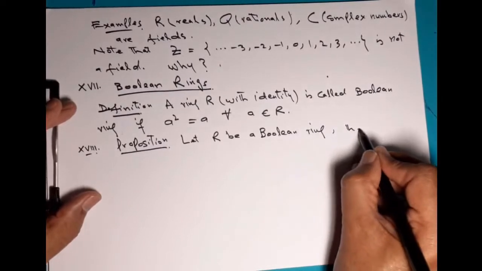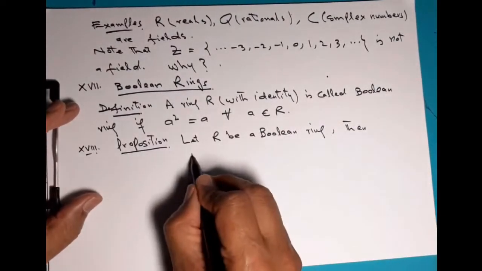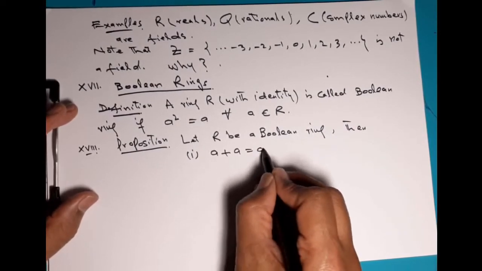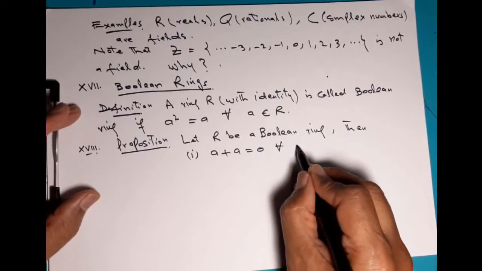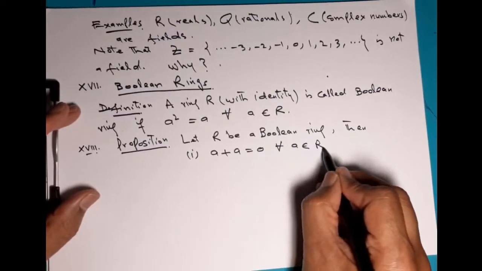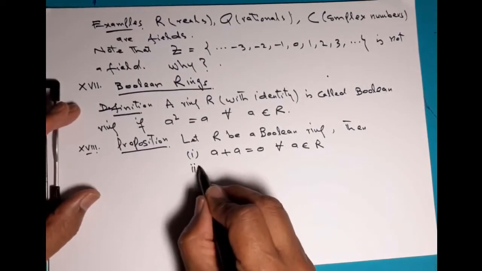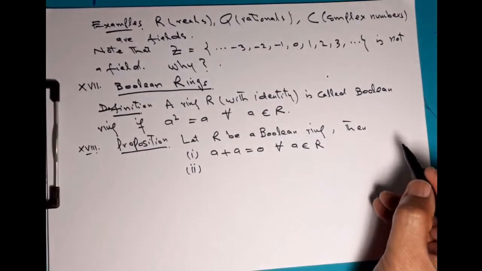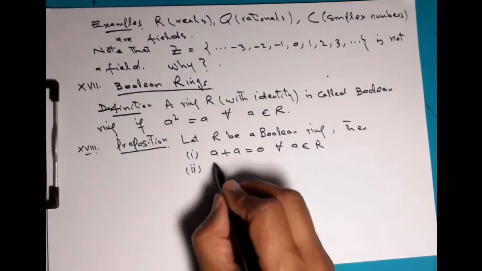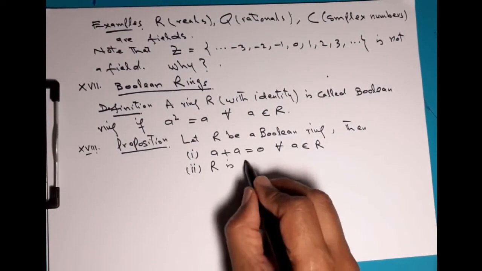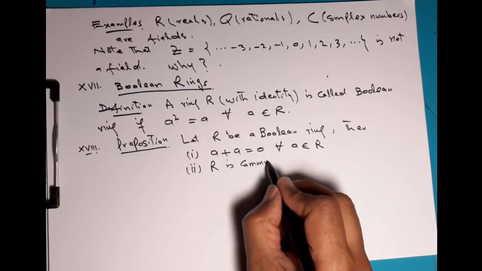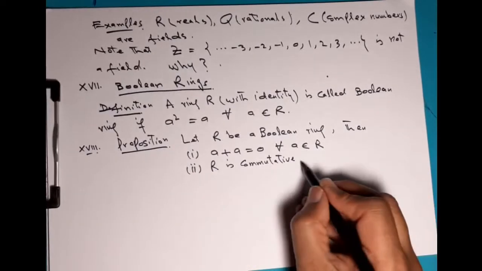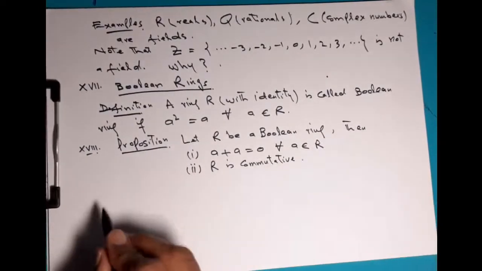Then number one, a plus a is equal to 0 for all a belonging to R. And secondly, R is commutative with respect to multiplication. So let's prove that.